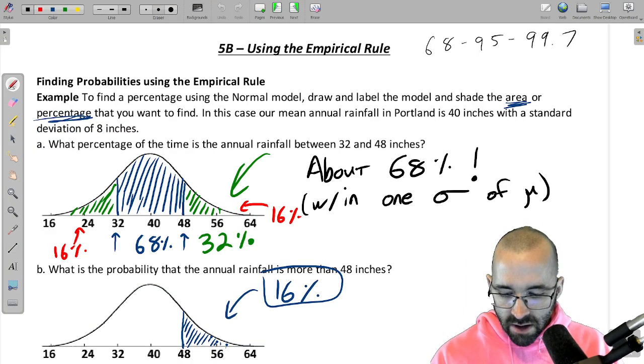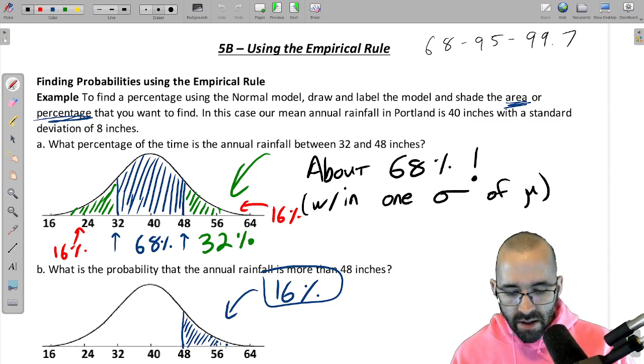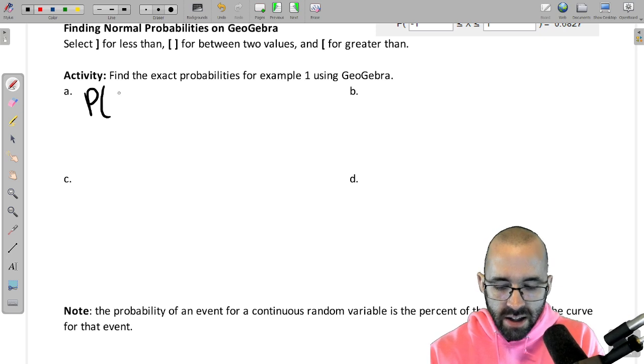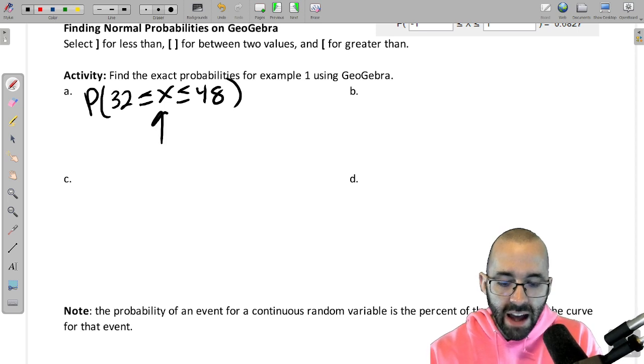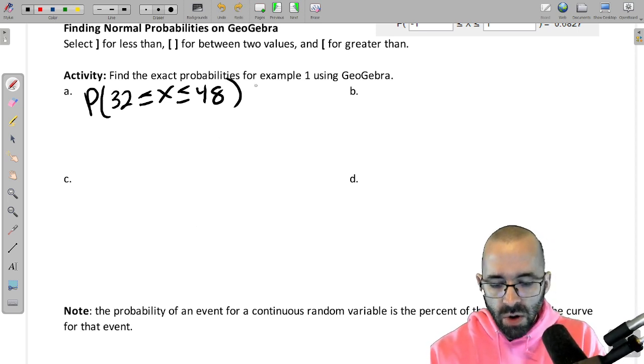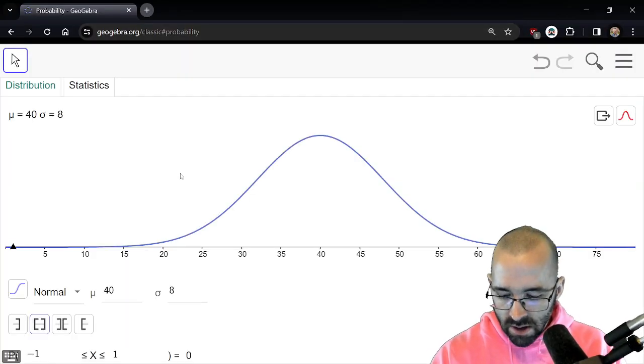And then we go over here and say, letter A, what's the probability that we're between 32 and 48 inches? Let's write it like this. The probability that X, which is our annual rainfall, is between 32 and 48 inches. Well, then we'll go over to GeoGebra.